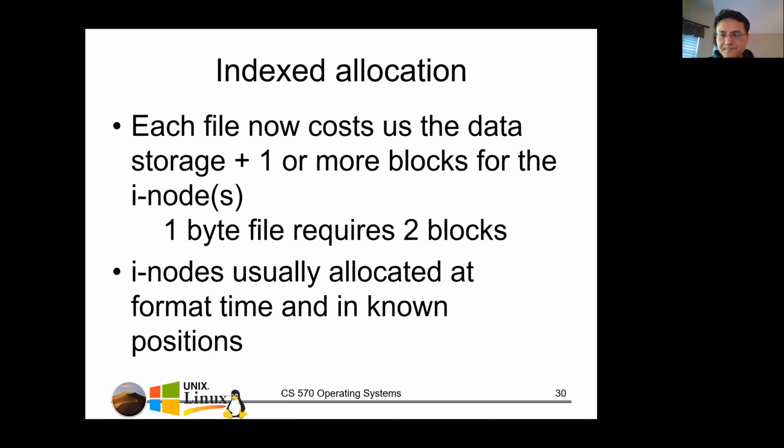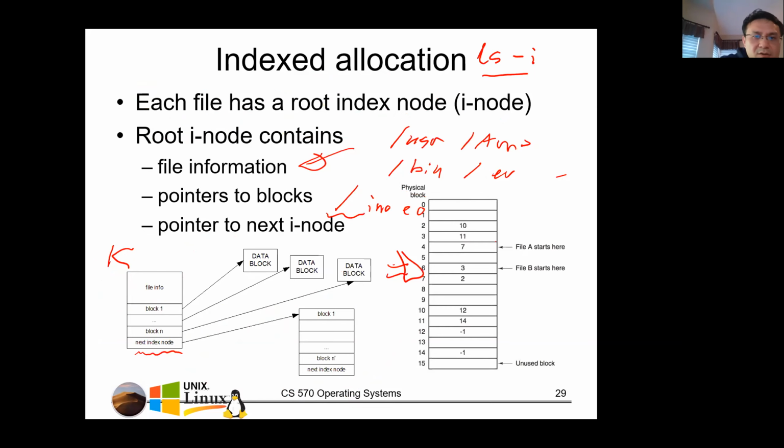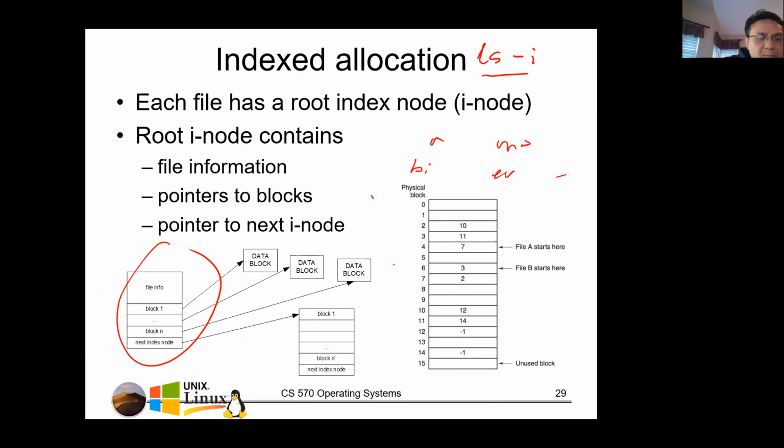You can see, with this scheme, each file would cost you at least one inode, plus the actual data blocks for the file.